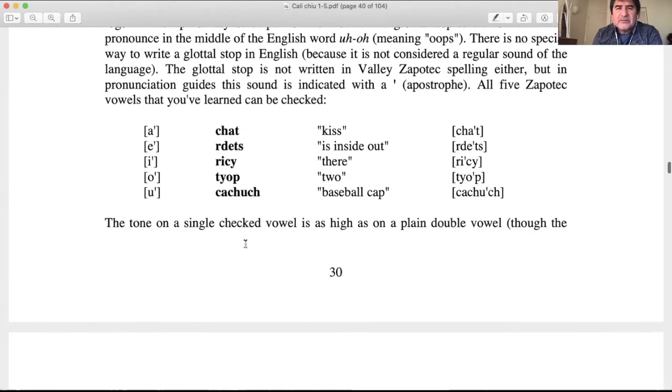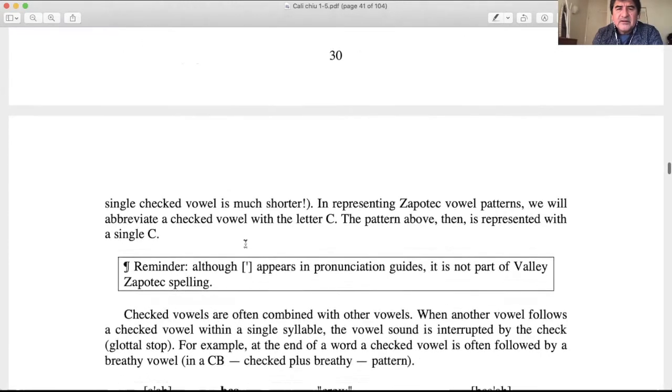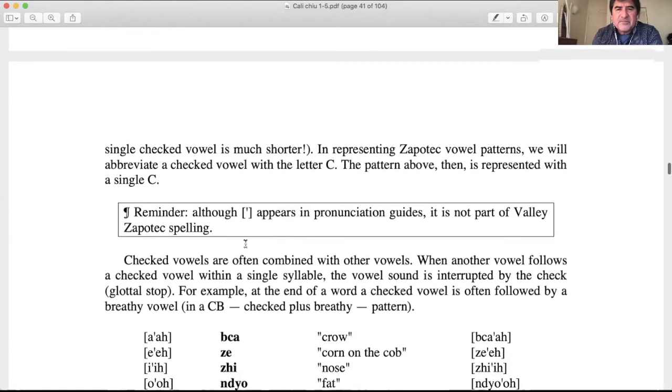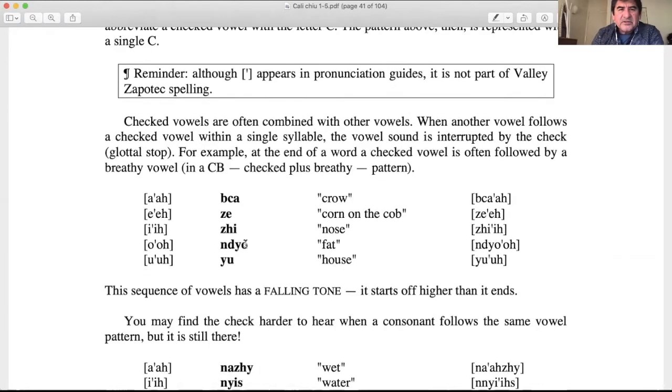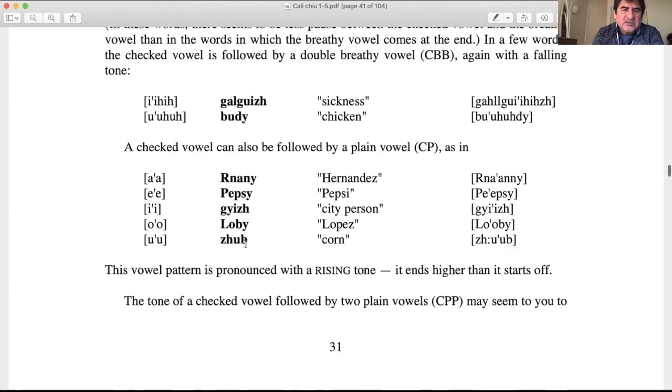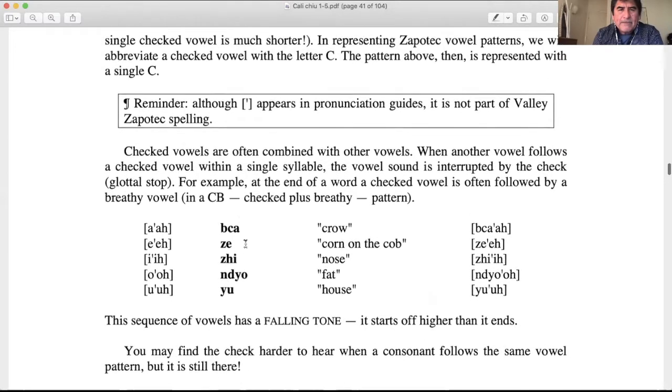So I hope that you can appreciate those glottal stops. And then the check vowels are often combined with other vowels. We already introduced the breathy vowels, so sometimes it is combined with the breathy vowels, as in the examples you can see right here on page 31.